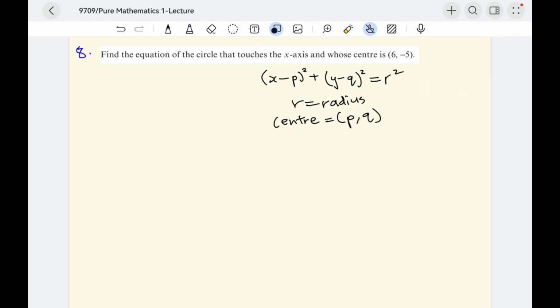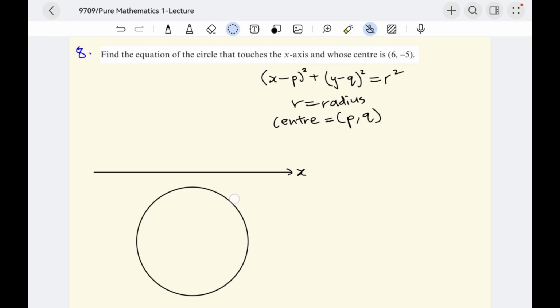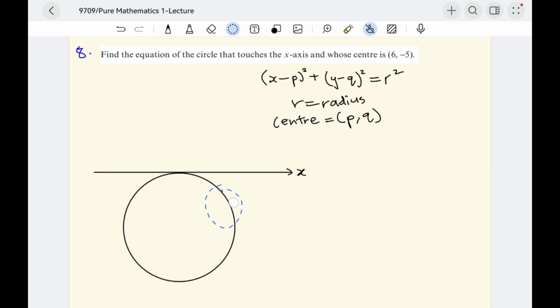So for this question you don't need to do any calculations. Let's say here is your x-axis and here is your circle. Since this circle touches the x-axis here, and let's say here is your center point (6, -5), you will see that this is a radius.